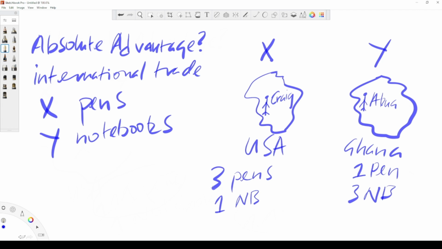When we look at notebooks, Ghana is able to produce more notebooks as compared to the USA. So Ghana has an absolute advantage in the production of notebooks. Hence, each country should focus on what they are good at. USA should focus on the pens, Ghana should focus on the notebooks, and then trade. That's the main concept behind absolute advantage.